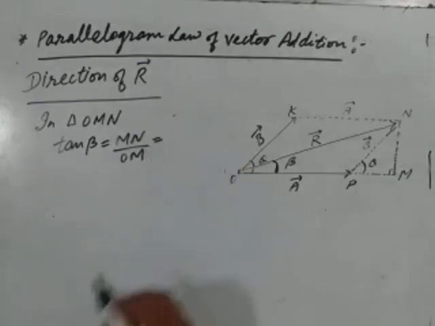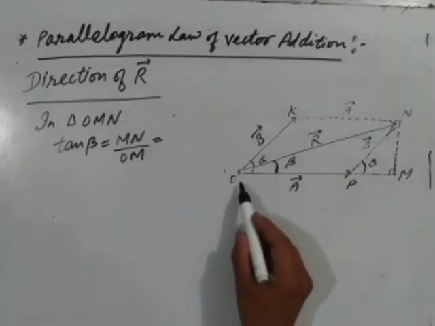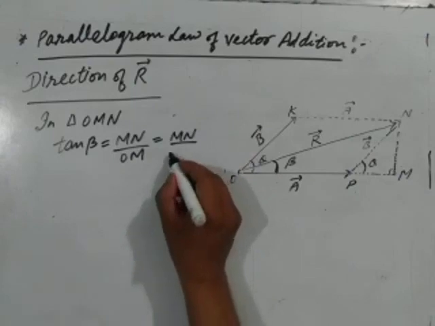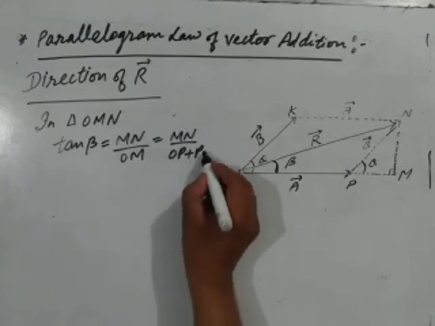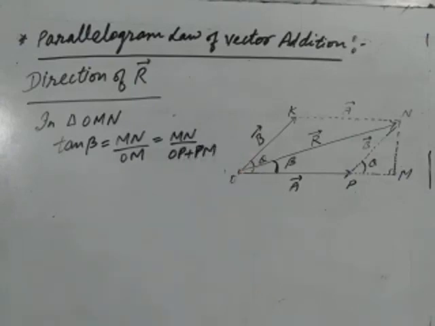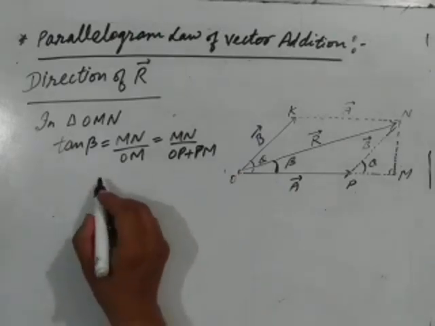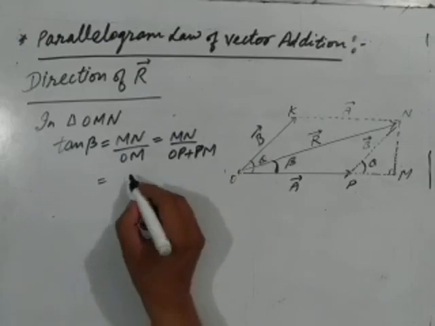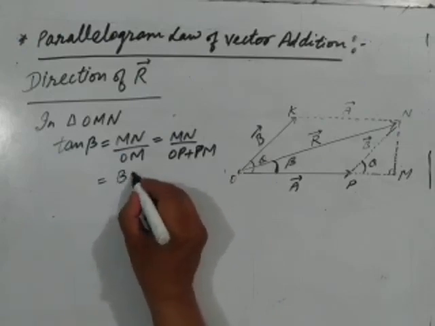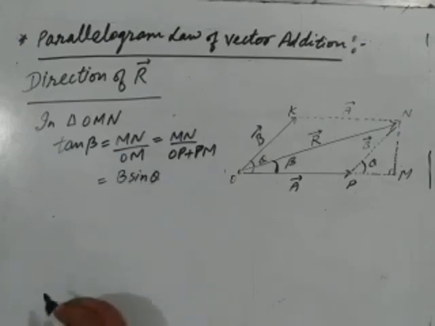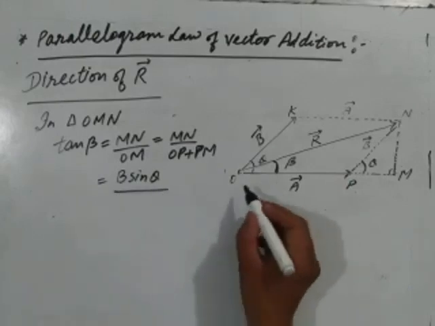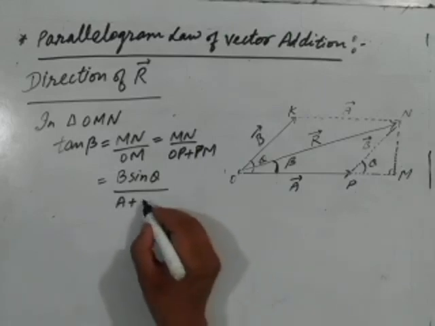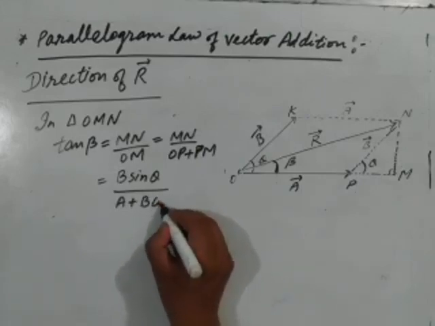but OM is equivalent to OP plus PM. So we will put the values of these quantities. MN we have calculated earlier, MN equal to b sin theta, upon OP equal to a, plus PM equal to b cos theta.